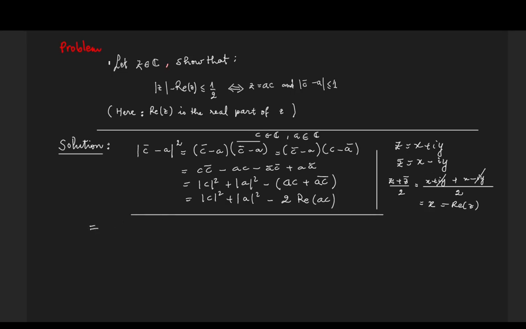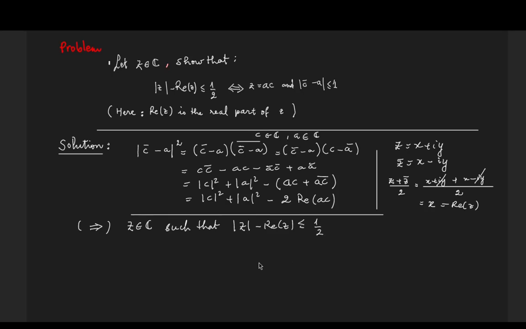So let's prove the first implication. That means z is a complex number such that absolute value of z minus real part of z is less or equal to 1/2.